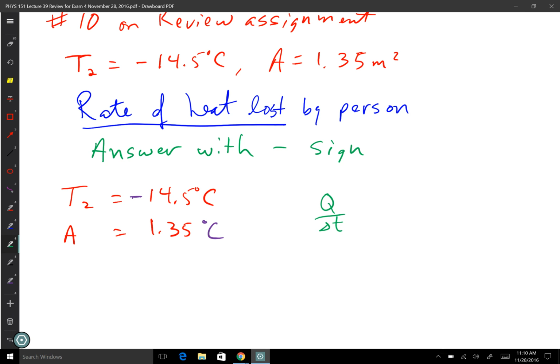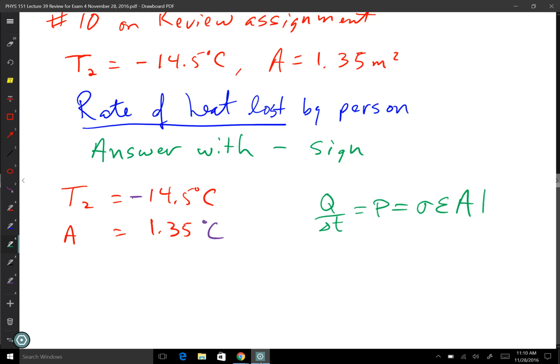Yes. That's equal to the power, and we have our simple equation. That's the equation for heat absorbed or emitted. And so if I want the net heat, so the net power, you might ask, how do I know which temperature to put first?